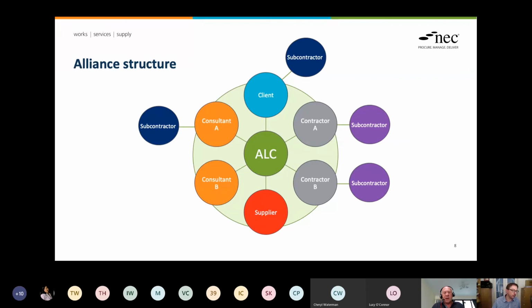So here we've got two main contractors, contractor A and contractor B, a key supplier, there could be several of those, and perhaps two key consultants. In turn, consultant A might award a subcontract or two, and contractor A and B might award a subcontract or two, but they are outside of our group, which is our key members of the alliance.